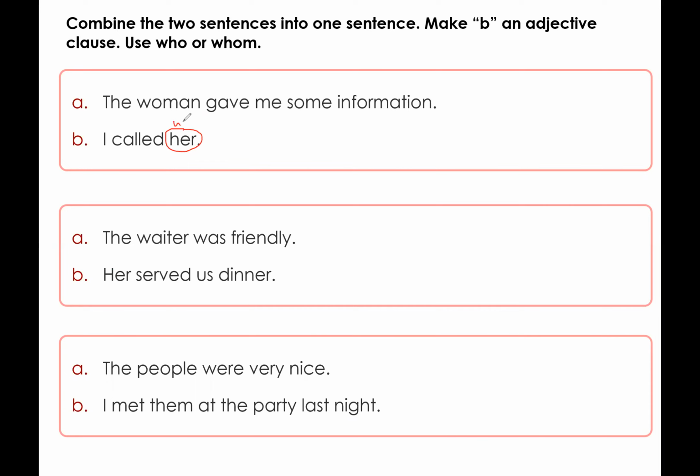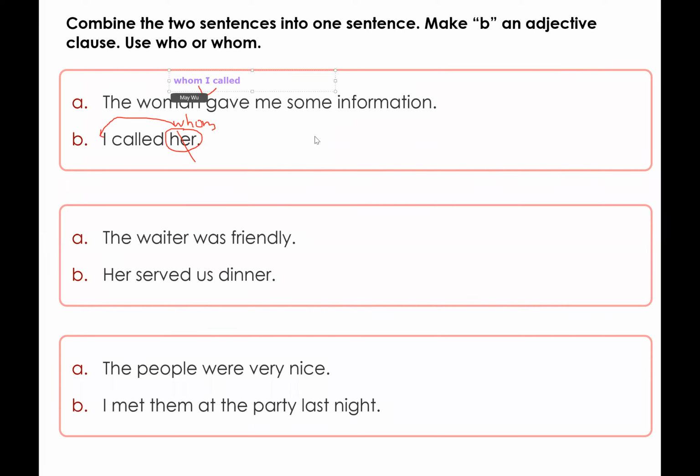Her is the object, so I need to change it to whom, right? And of course, I need to move the relative pronoun to the beginning of the adjective clause, right? And I have to place it as close to the antecedent as possible. So in this case, I place it directly after. The woman whom I called gave me some information.